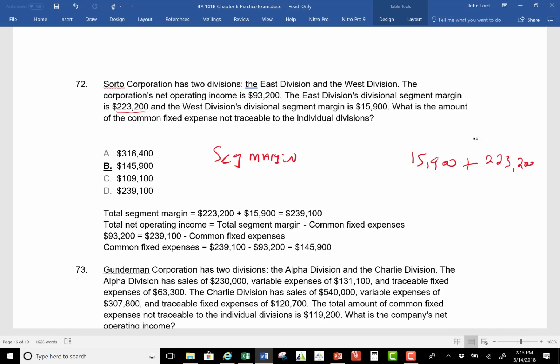They're adding those together and getting the overall company segment margin of 239,100. And then they're telling you that the company has an overall corporate net operating income of 93,200. So we must have subtracted something from the segment margin, and that something is the non-traceable common cost.